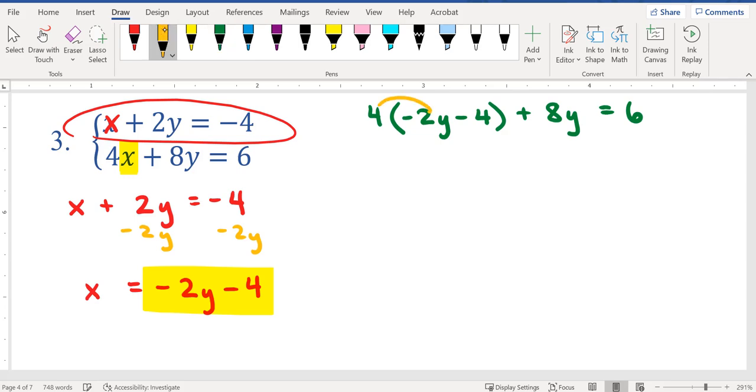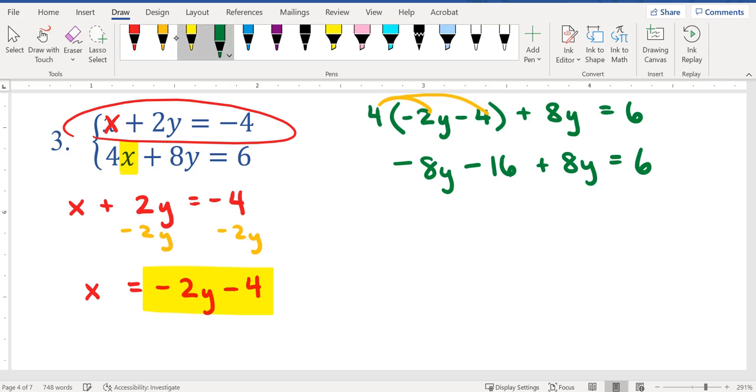Need to distribute the 4 out front. 4 times negative 2y is negative 8y. 4 times negative 4 is negative 16. Plus 8y equals 6. If I add 16 to both sides, and then I combine the two like terms, negative 8y plus 8y, that'll leave me with 0y equals, what's 6 plus 16? 22?